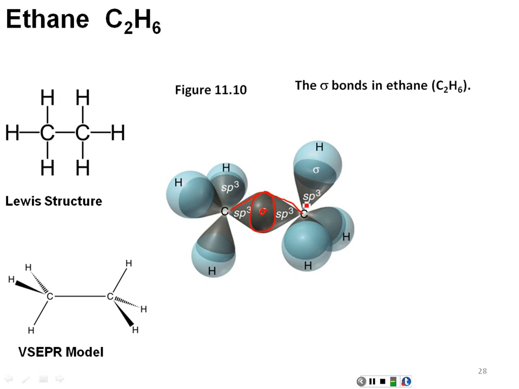And you can also show the overlap of an sp3 hybridized orbital with a 1s orbital in hydrogen, and again we label that as a sigma bond. Those are end-to-end overlap.